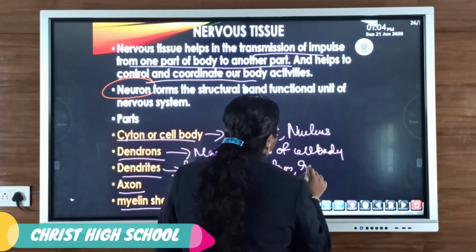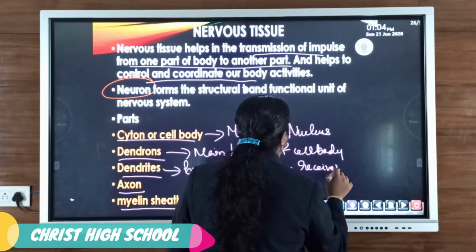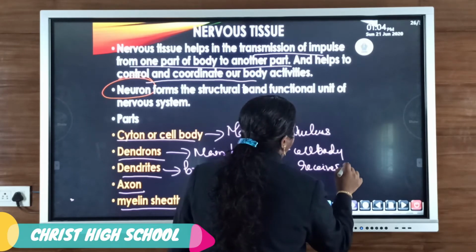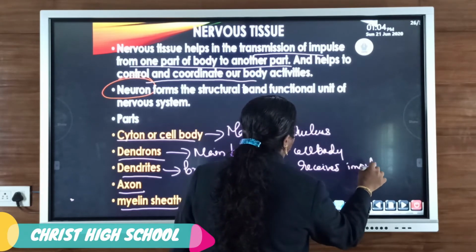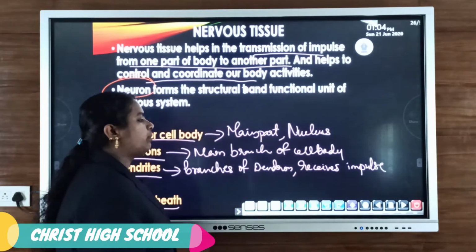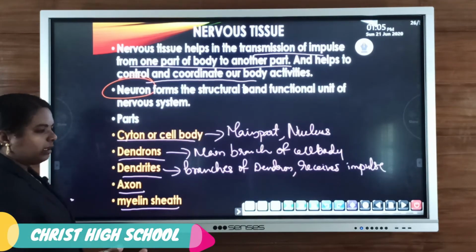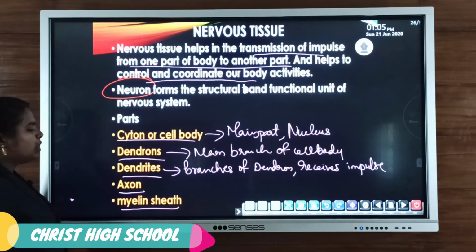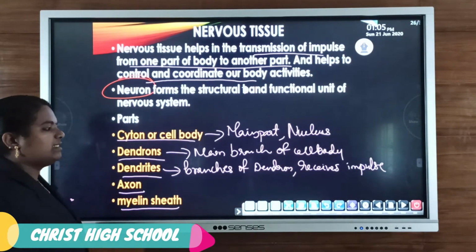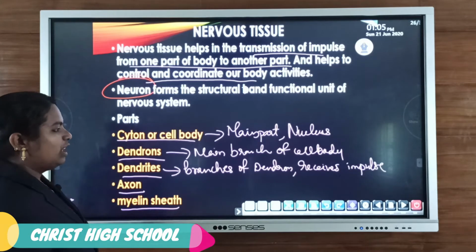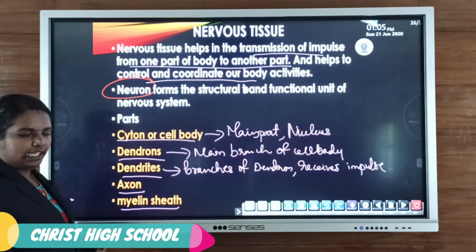Main function, it receives impulse or message from the nearby areas. So dendrites receive the nerve impulses, or messages from the nearby area.